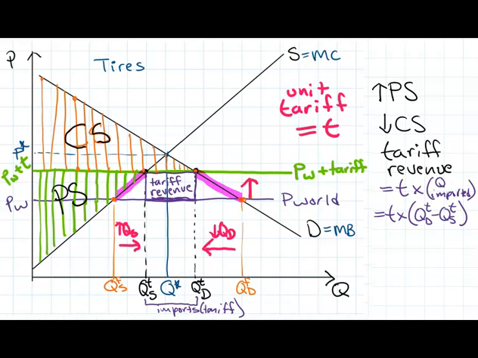Finally, we still have these two little triangles that we haven't accounted for. We have this one and we have this one. Those are lost. So these are going to be deadweight loss, and this is deadweight loss. We can count the tariff revenue as part of the economic gain of this tariff.